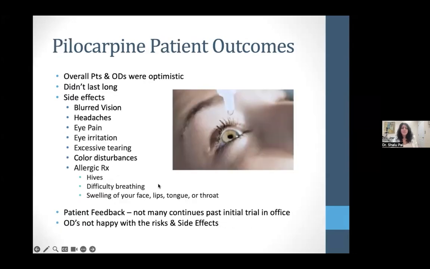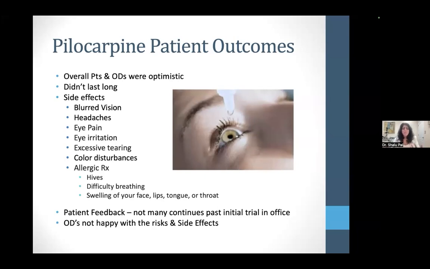When I was chatting with a lot of doctors, and we had a pilocarpine that became FDA approved and available in the US, I said, tell me about your experience. A lot of them were very excited about trying this in all of those different scenarios where we could potentially use it, but there were so many side effects.